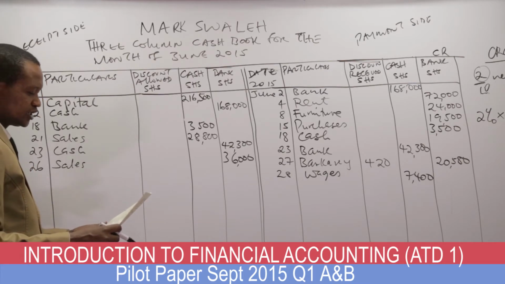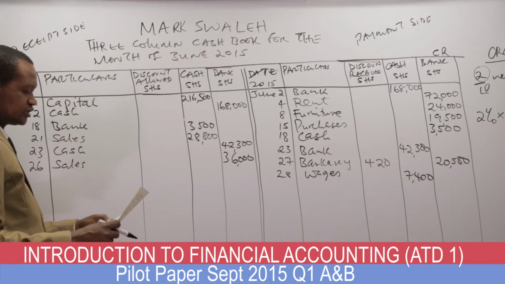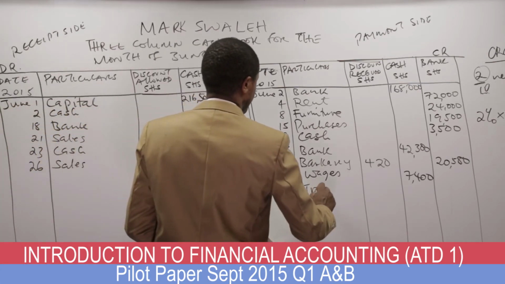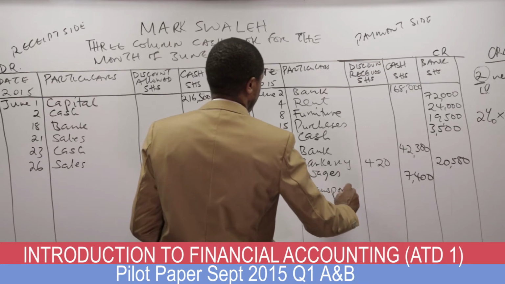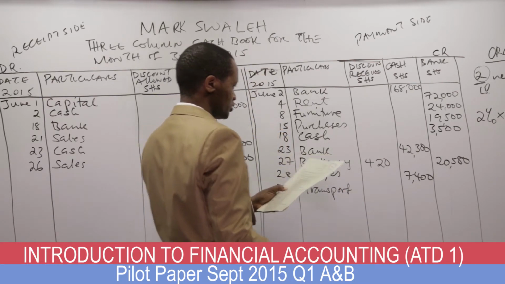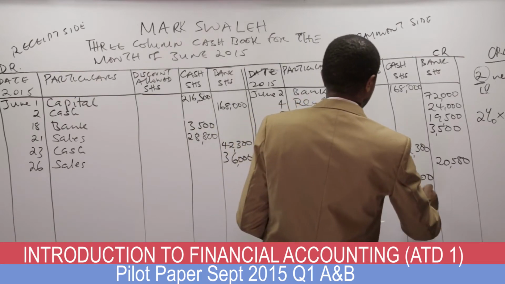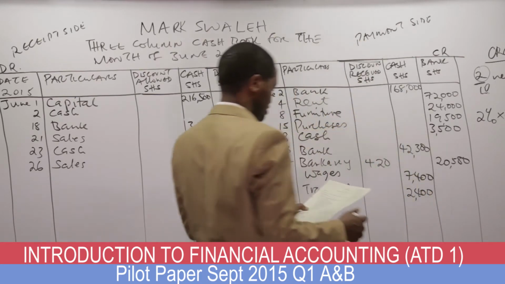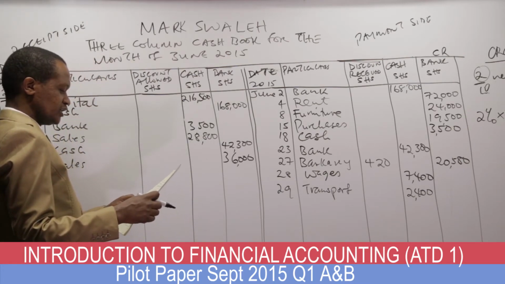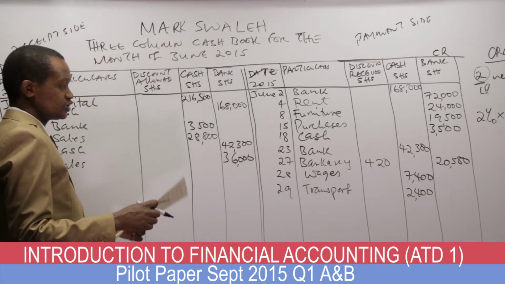Then on 29th, we are told paid transport in cash. On 29th, again, is a payment. He's paying cash. The transport is 2,400. That is a cash payment. Then on 29th, again, withdrew from bank for personal use.